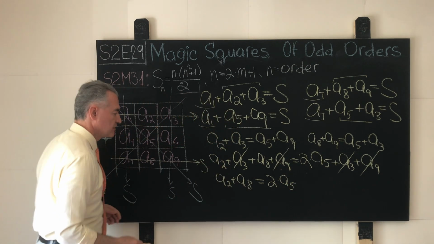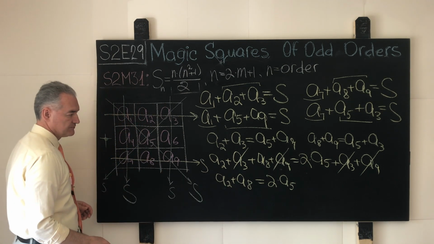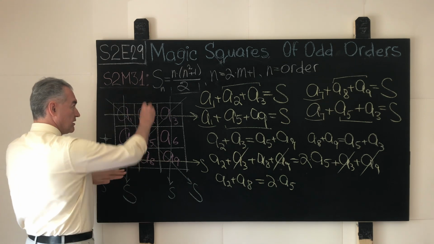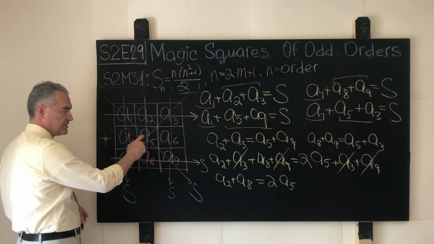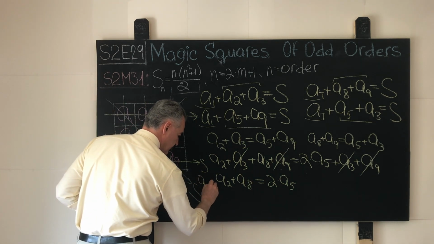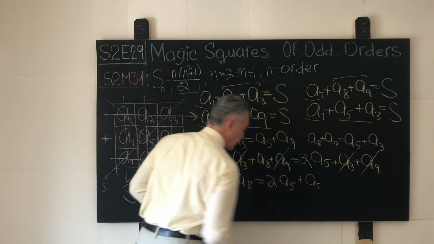And let's again analyze the numbers a2 and a8. Where are they in our magic square that is 3 by 3? a2, a8, this way. So what's missing? The monkey in the middle, a5. So we add a5 to the left-hand side. We add a5 to the right-hand side.